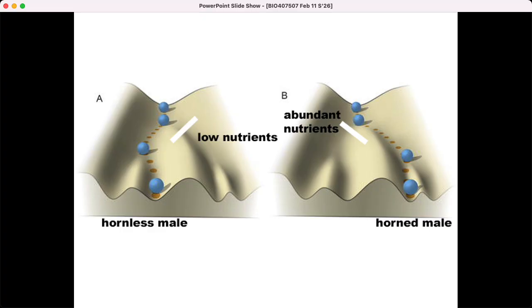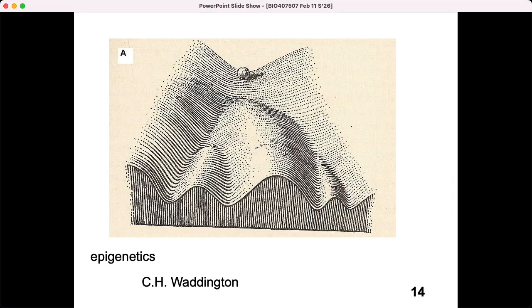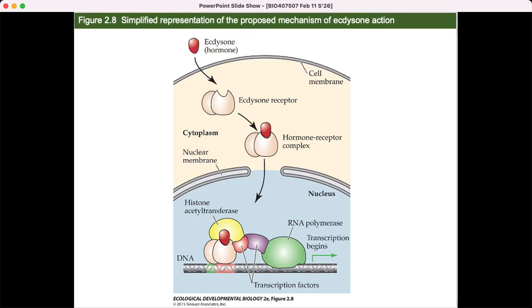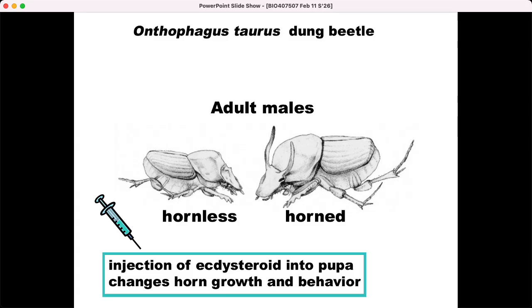If it's low nutrients, you're going to make a small adult male beetle, and it's not going to have a horn. So it's making a choice. And you can think of this gate on a surface like that. There are valleys down this way, and it can go down this valley or that valley to the final phenotype. So that's the idea. I should have had this before those slides about the details of the mechanism, because it's a gate like that.